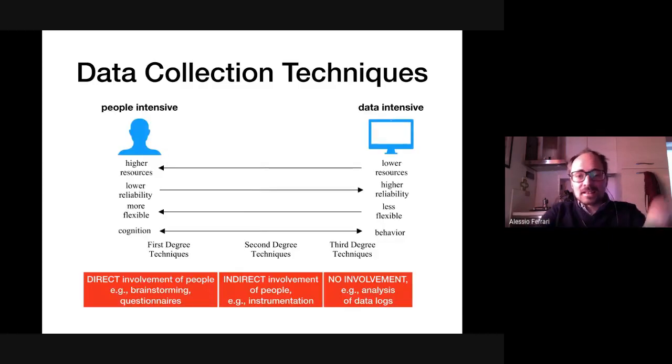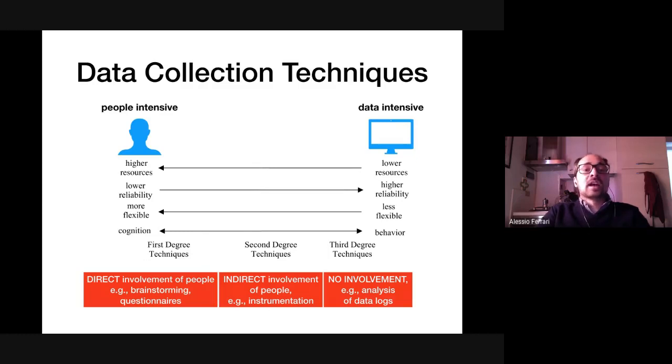So let's see this picture that gives us, instead of a list, a more dynamic view of what these techniques entail. The first degree techniques are more people intensive. So you need to involve the developers or the people in general. And since you involve people, they are less reliable. Any measurement made with people is less reliable.